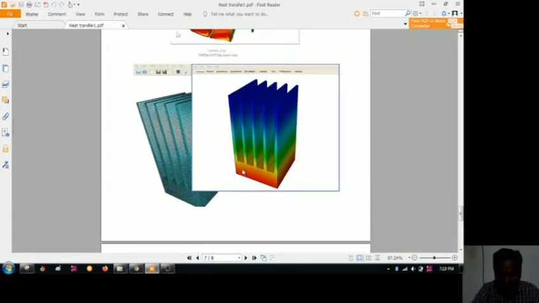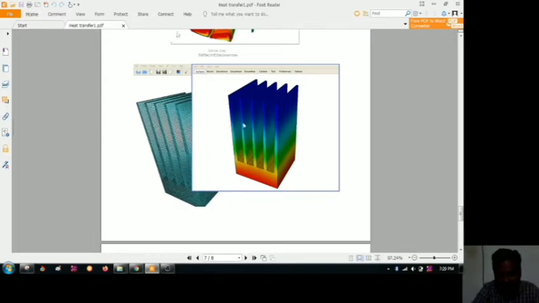You can see here the red zones are at very high temperature, and if we take this as the origin and go to the end of the other portion, you'll see that there is a heat reduction. Why? Because this is exposed to the air.